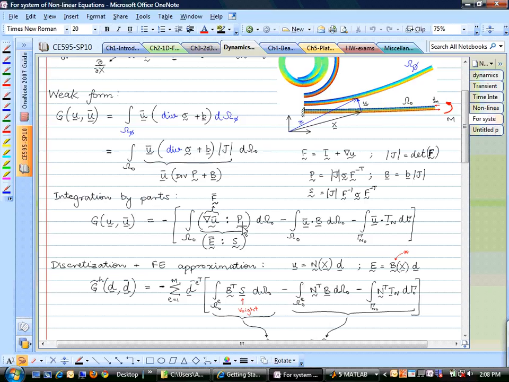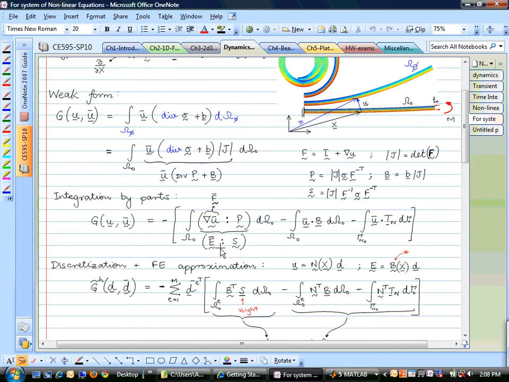Another thing to remember here is that in the linear problems, what we used to have was virtual strain multiplied with real stress. And for large deformation problems, what we have is virtual deformation gradient multiplied with real Piola-Kirchhoff stress. Another way to write the same thing is this Green strain.